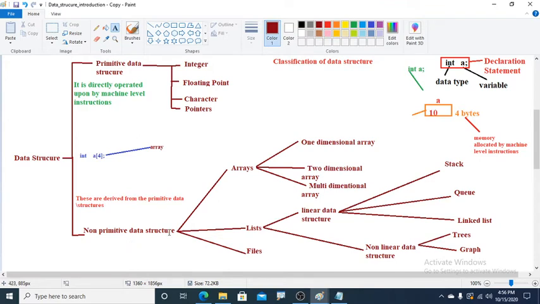Non-primitive data structure type. The non-primitive data structure subtype is an array. So we can say array is a non-primitive data structure, right? Yes, absolutely. So a of 4 is an array. It is a non-primitive data structure.